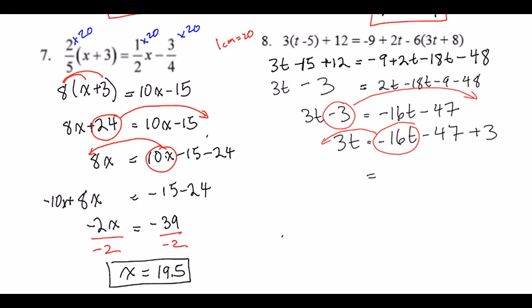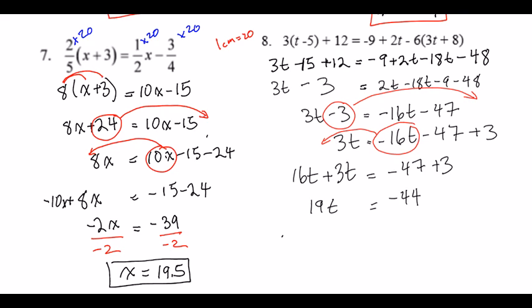So now we have the following: 16t. Now, because there's no sign in front of 3t, we're going to say it's plus 3t. And we have minus 47 plus 3. So minus 47 plus 3 is minus 44. 16t plus 3t is 19t.